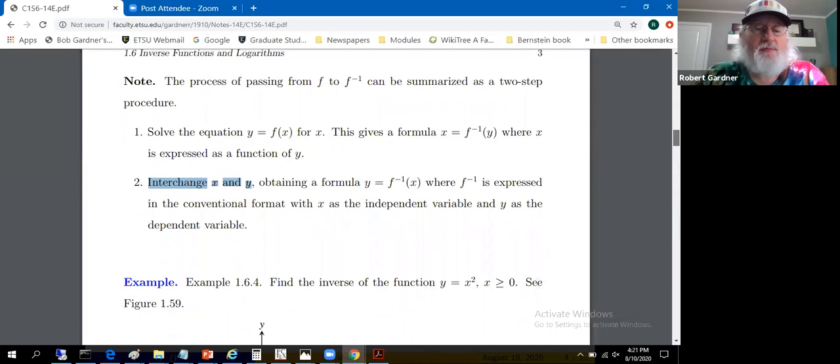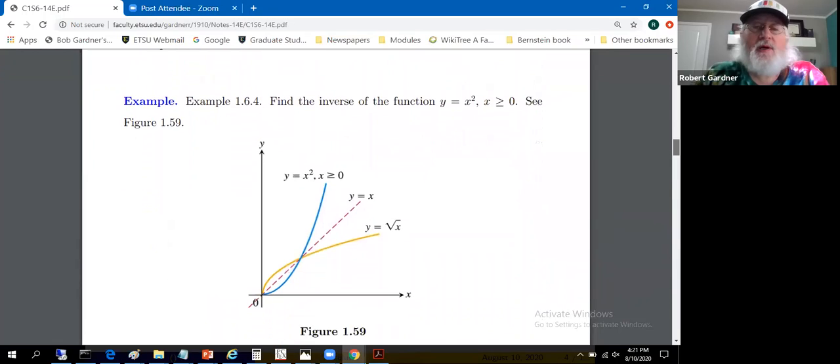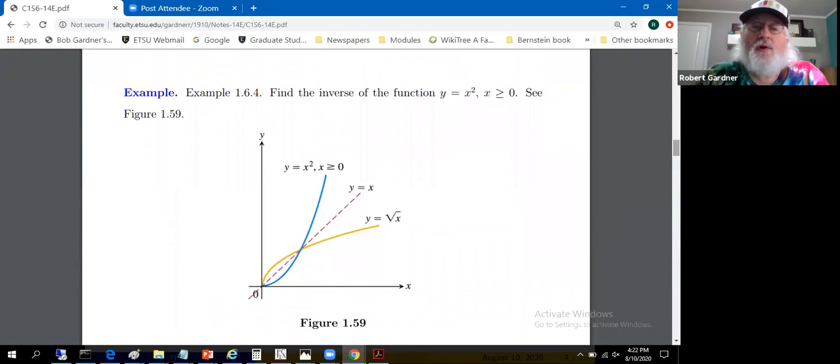Let's do that. Let's do it for the squaring function. Okay, so we'll go to the supplements and look at this. Let's talk about it a little bit first though. So you're about to find the inverse of the squaring function, sort of. If we look at y equals x squared, and we were just doing that not long ago, you get a parabola.